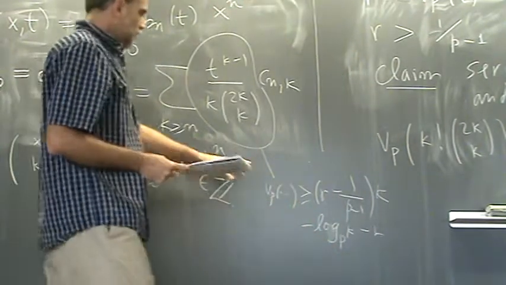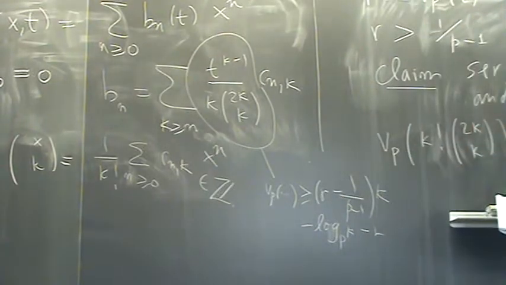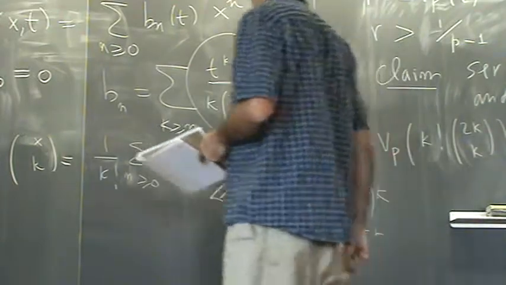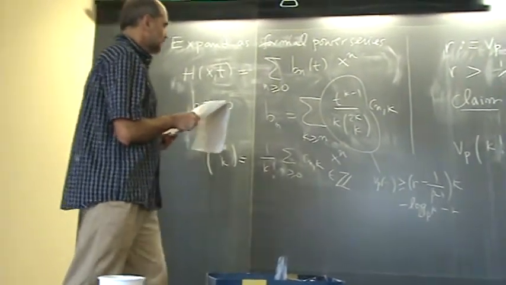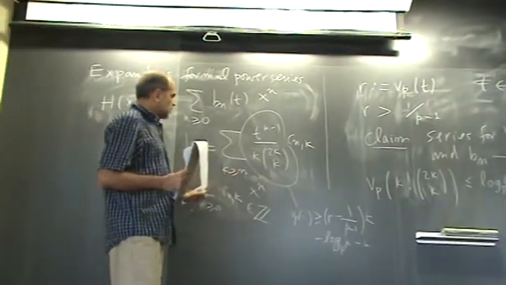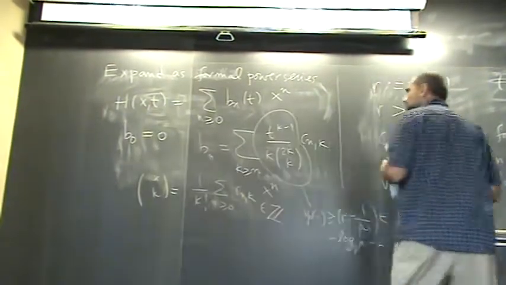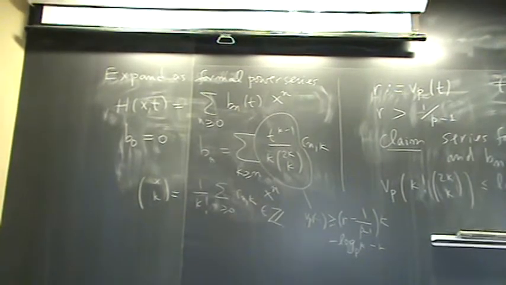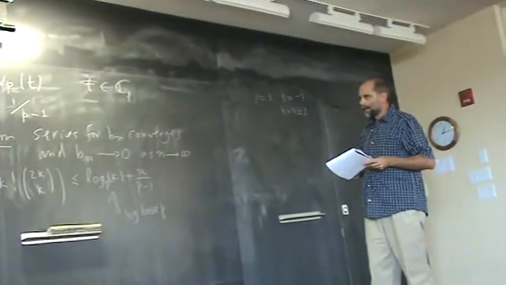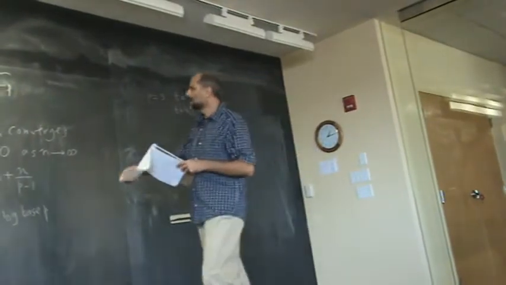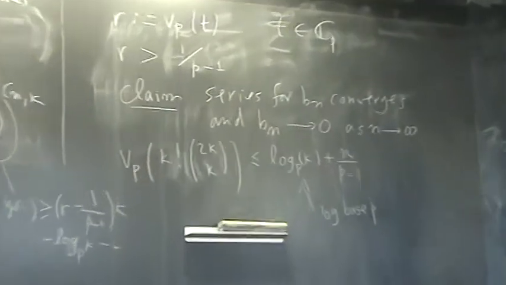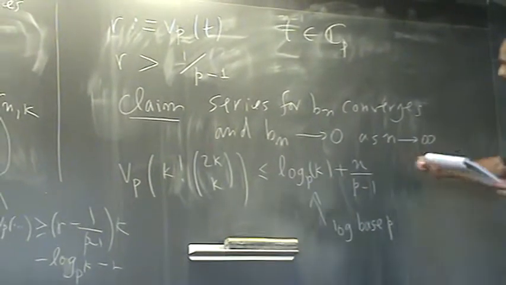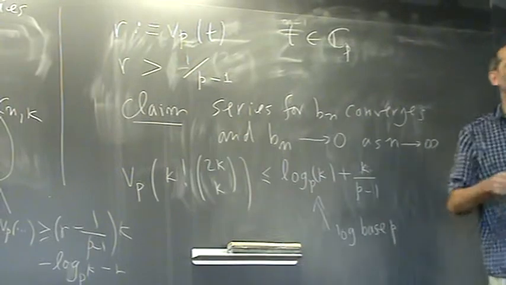So if r is bigger than 1 over p minus 1, the k will win over and will give us something whose valuation goes to infinity and shows the series converges. And because the terms start at Bn, the series starts with the k's at least n, and each one of them has valuation that grows, so that shows that the Bn's go to 0. This formula here, log_p of k plus, is that n over p minus 1? Yeah, I keep messing up the indices. Yeah. Sorry.